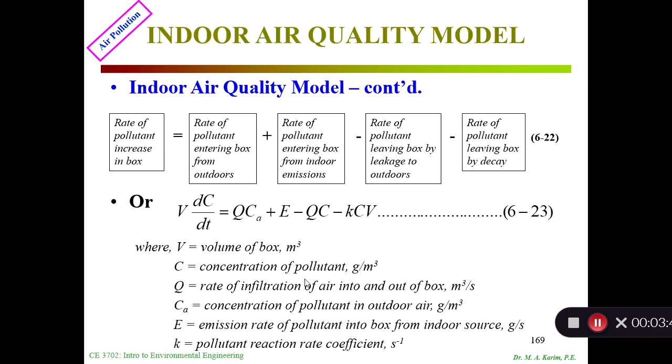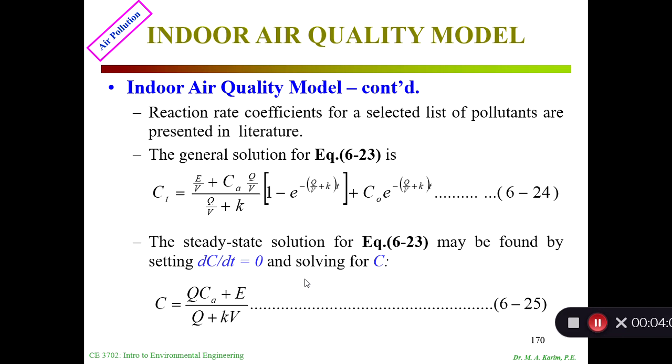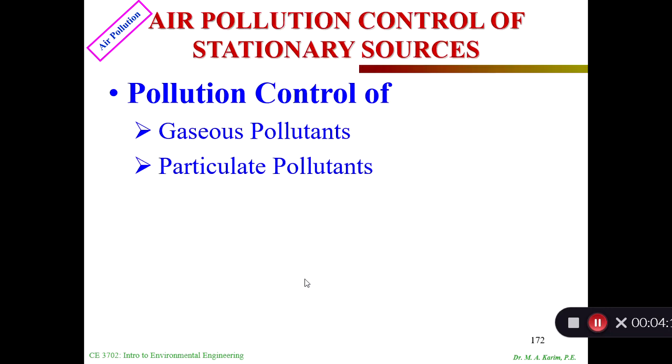So here is the indoor air quality model. I just showed the equation and how it works, but I'm not going to explain a lot on those things, just a simple representation. Here are more equations of indoor air pollution, but as I said, I'm not going to discuss this in a whole lot of detail.